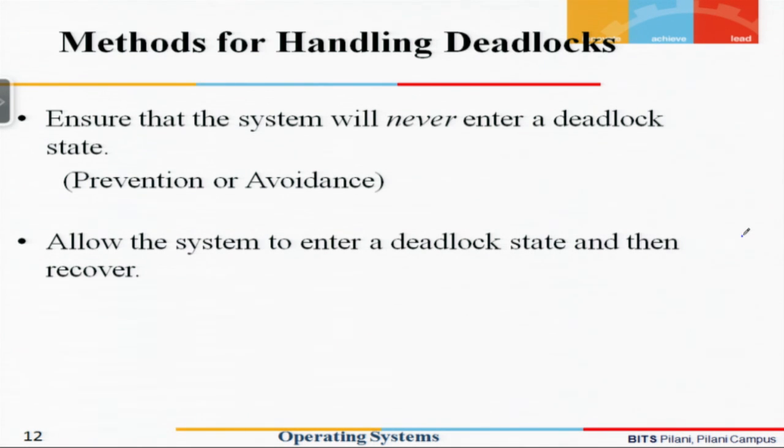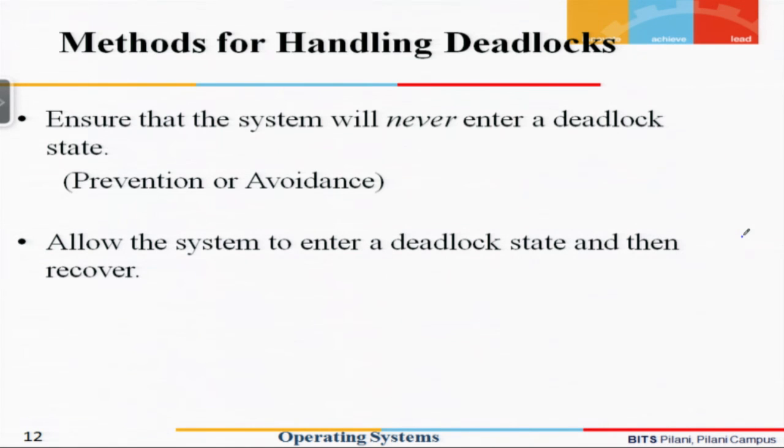There are a variety of approaches which are studied. One approach is that we prevent, since we know that there are 4 conditions which must hold simultaneously for a deadlock to occur.